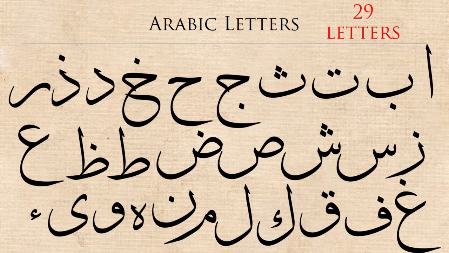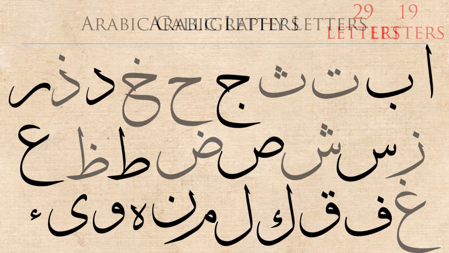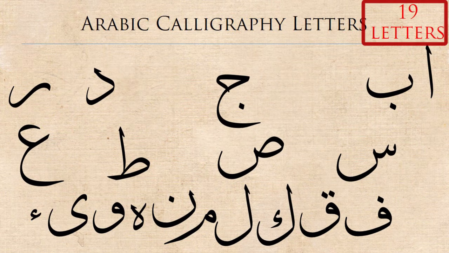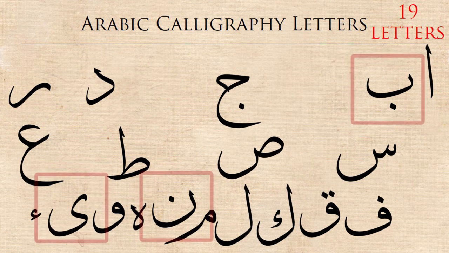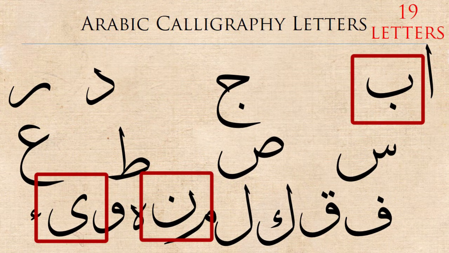So, if I was to go ahead and take out all the duplicates, if I was to get rid of all the redundancies that are in the Arabic alphabet, I would end up with 19 unique individual letters. Now notice that I say individual letters, and that's because say I take the letters ba, nun, and ya, for example.